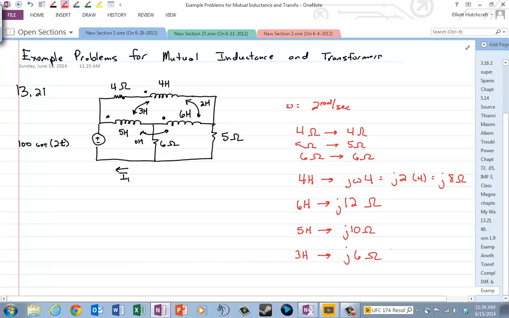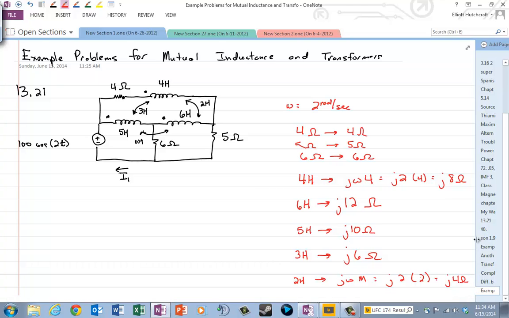Remember, that's j omega M, where M is the mutual inductance, just like j omega L, so j times 2 times 3, j6 ohms. And then, just to make sure that's clear, the 2 Henry will then be j omega M, which is j2 times 2 Henries. So that's going to be j4 ohms.